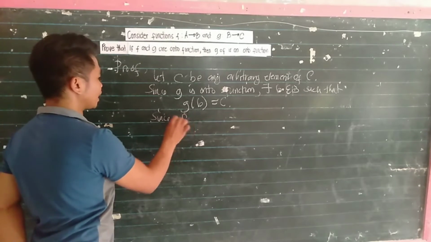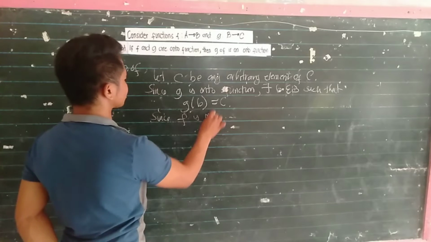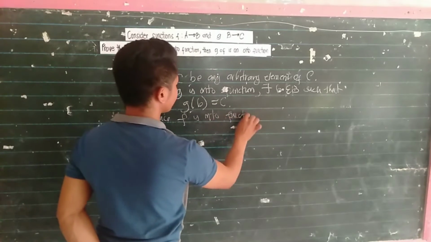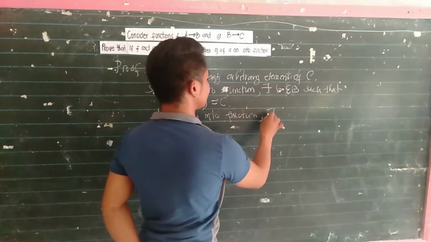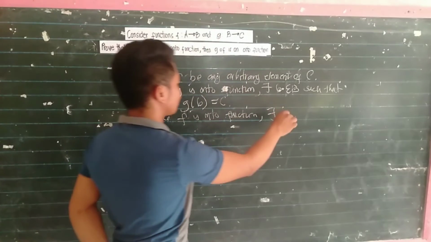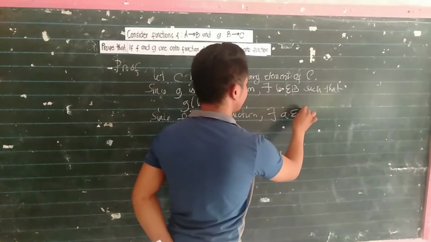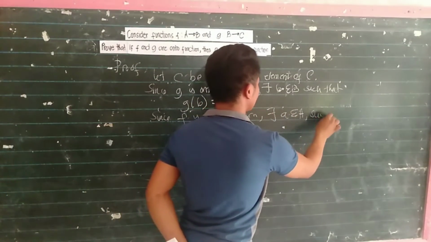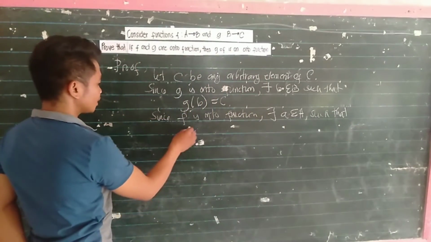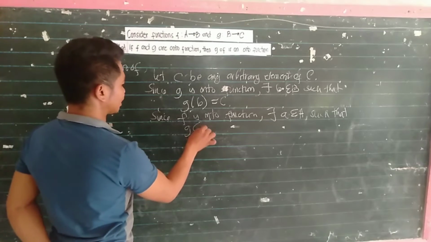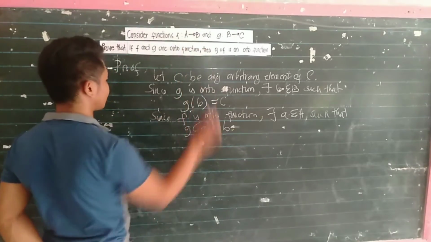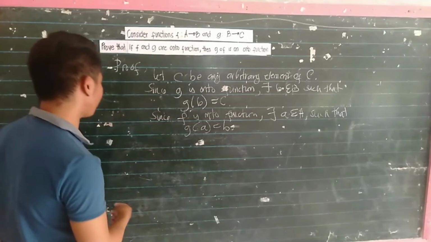Since f is an onto function, then there exists a, an element of A, such that f of a is equal to b, the element of B, since they are onto.